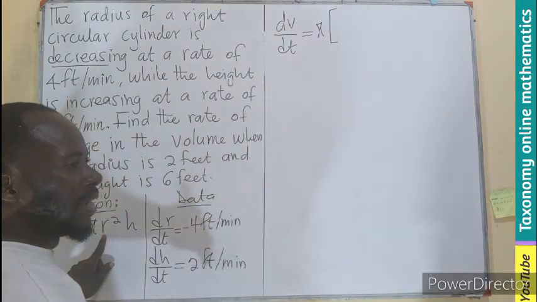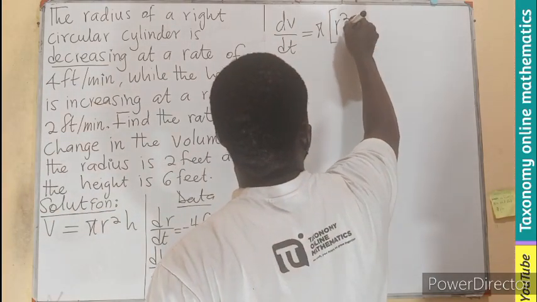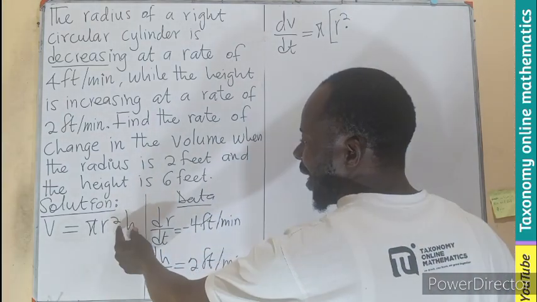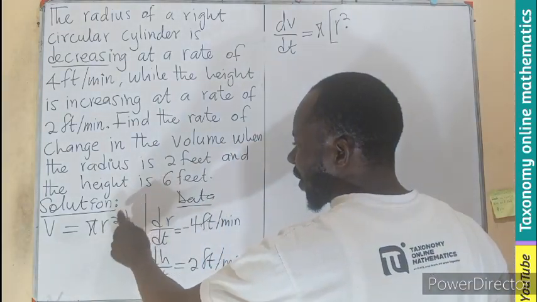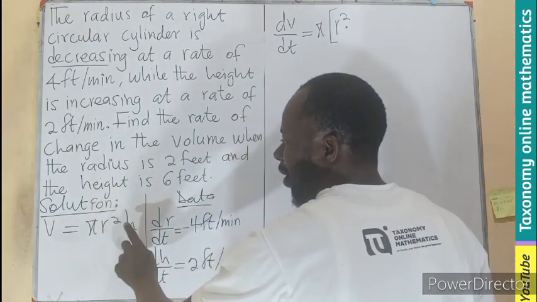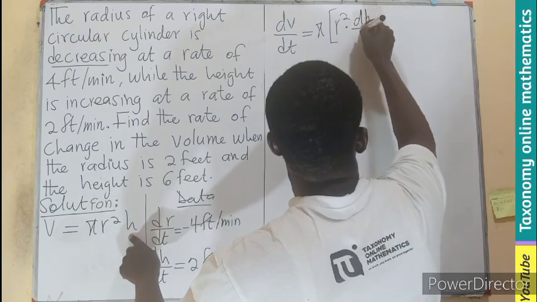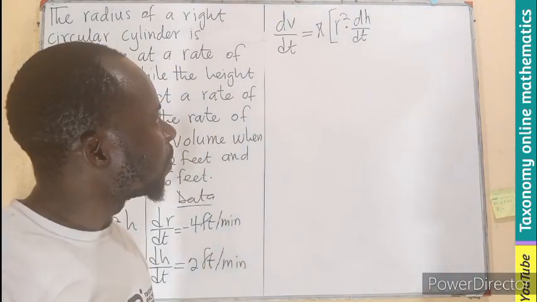I am holding the r squared, then differentiating h. If you differentiate h with a power of 1, you get 1. Since we are differentiating with respect to t, not h, it becomes dh/dt in the sense of implicit differentiation.